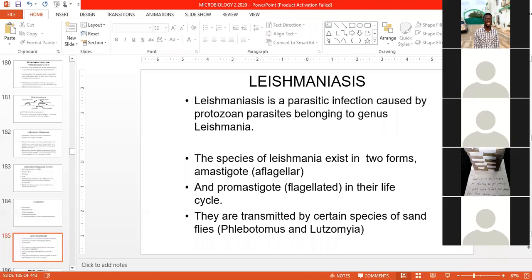The amastigote, that means in this one it doesn't have flagella. The promastigote, which has flagella.